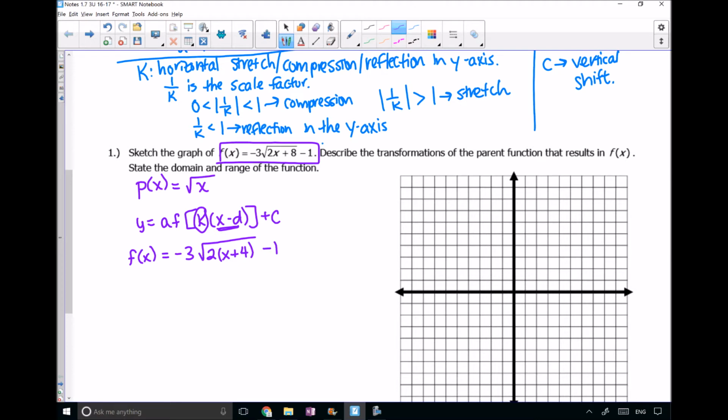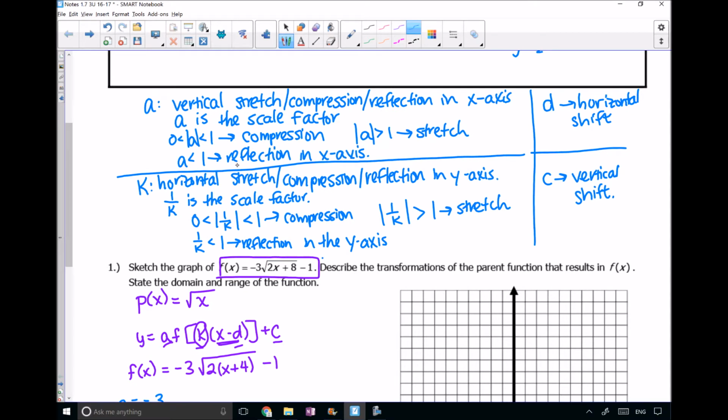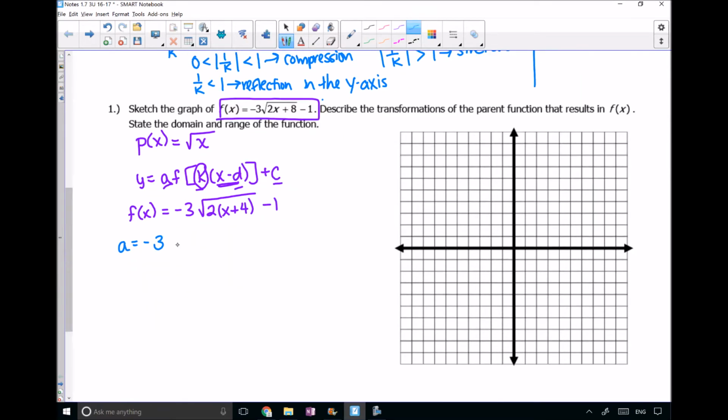Now that I've done that, I'm going to identify each one of my parameters, the a, the k, the d, and the c. So I know that a is going to be equal to -3. What does that tell me? Well, first of all, because it's negative, I know it's going to have a reflection in the x-axis, okay?